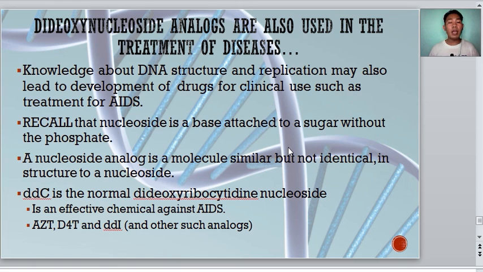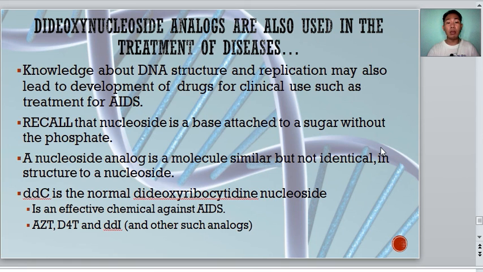Our knowledge about DNA structure and replication has led to the development of drugs for clinical use, such as treatments for AIDS. Unfortunately, studies are ongoing with the antiretroviral drugs for treating AIDS.